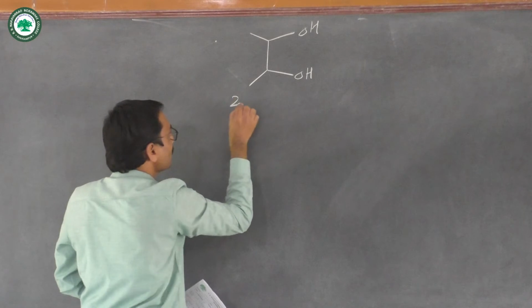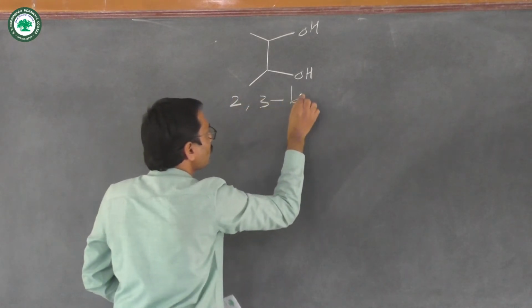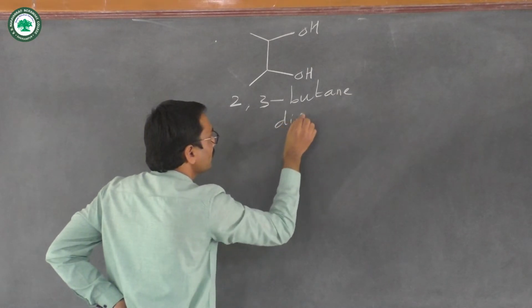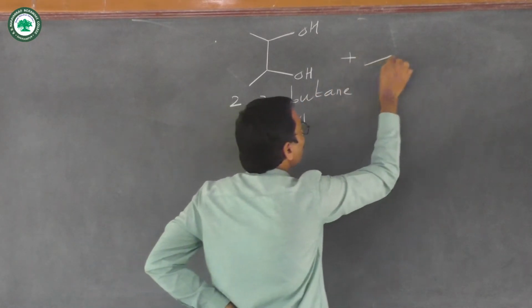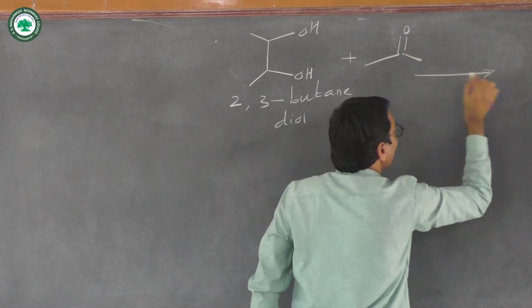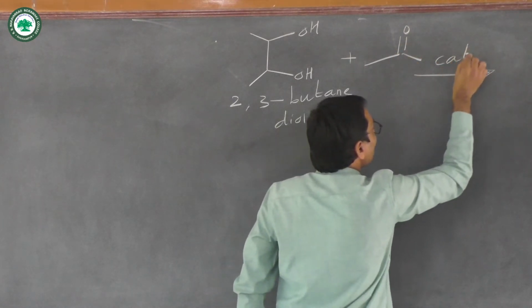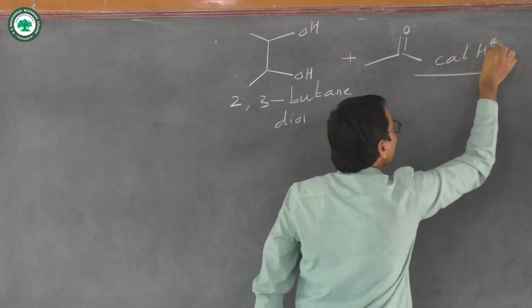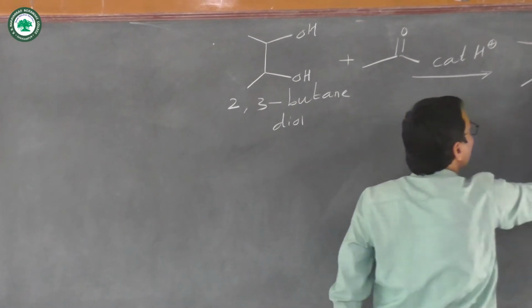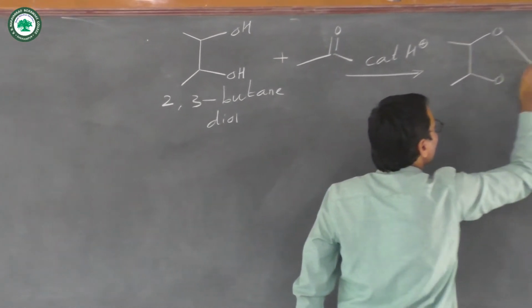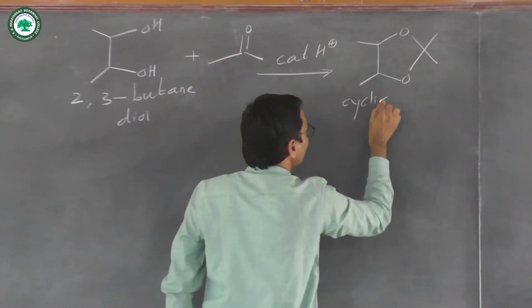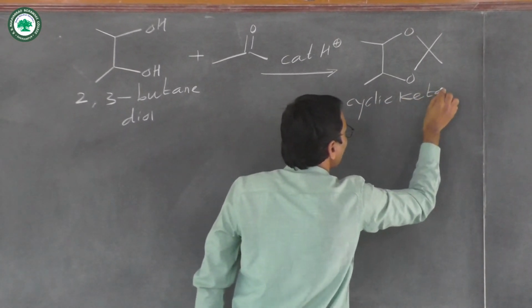Here we use 2,3-butane diol. That diol is allowed to react with acetone in the presence of a catalytic amount of H+. There is formation of a cyclic ketal.